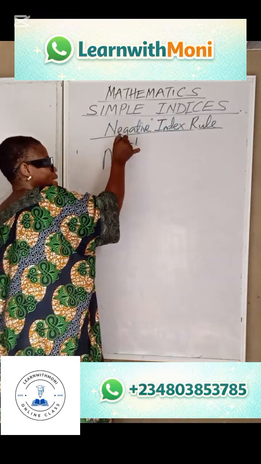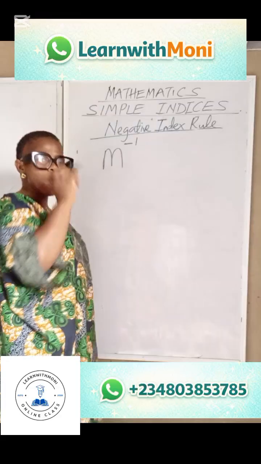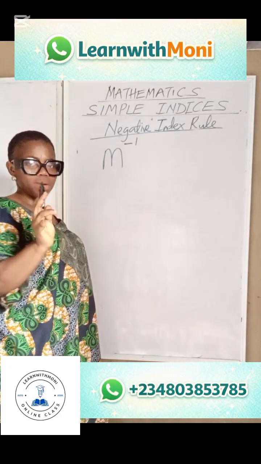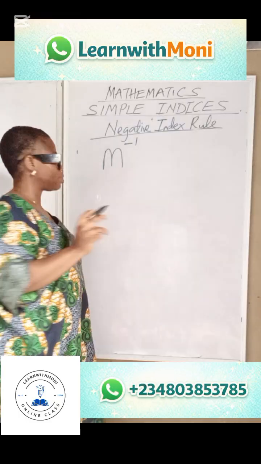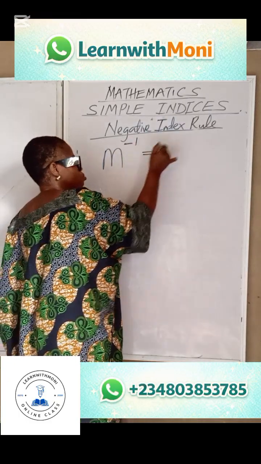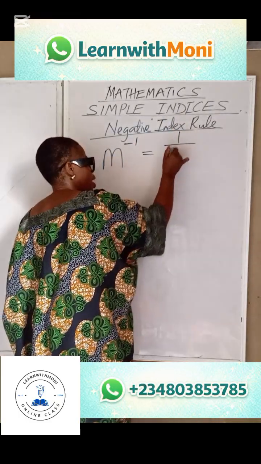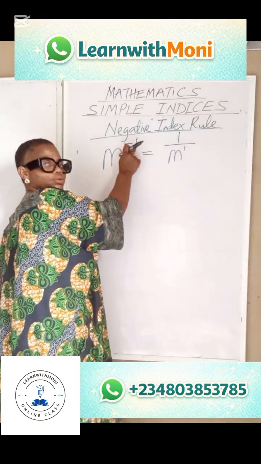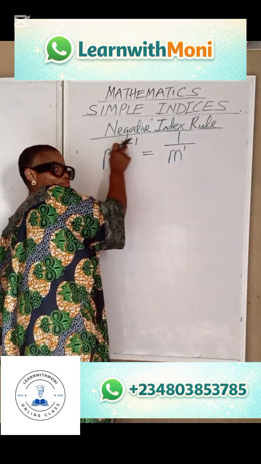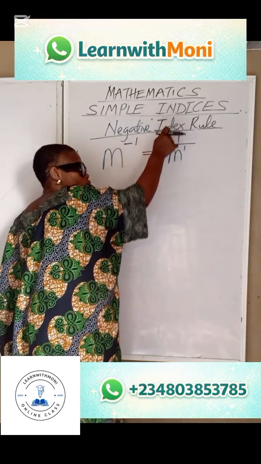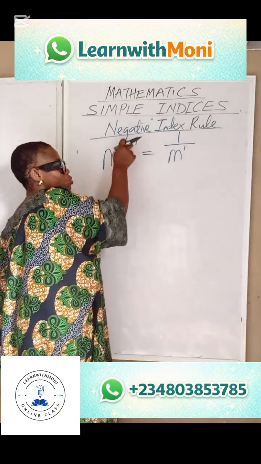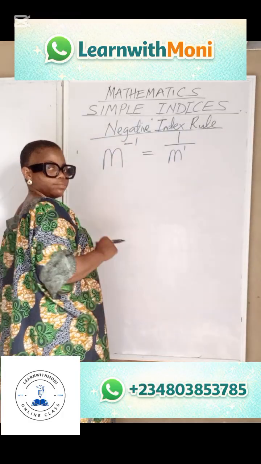When you see a negative index, it means 1 over. Consider it like that. It is automatic. It is directly like that. M raised power minus 1 means 1 over m raised power 1. It is not this 1 that is 1 over. No. It is this minus at the index that is 1 over. Then 1 over what? 1 over m raised power this 1 here.